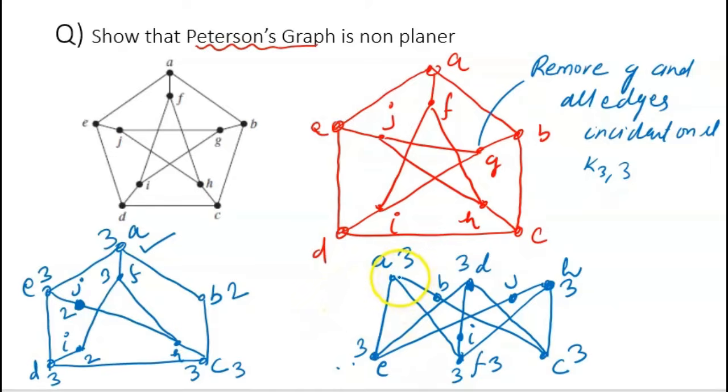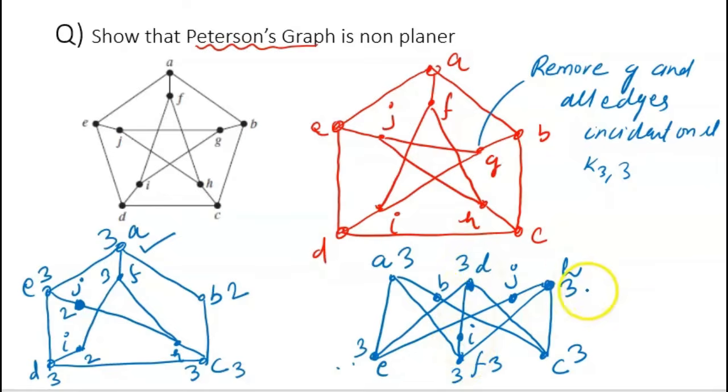Only thing is that in K33, I have removed the edge between A and C, and placed one vertex B, and then joined A to B and B to C. So there is an elementary subdivision here. There is another elementary subdivision between E and H, because the edge between E and H has been removed and a J vertex has been placed, and then we have joined E to J and J to H. And the same is happening with the edge between D and F. I removed the edge and placed one vertex and joined them.